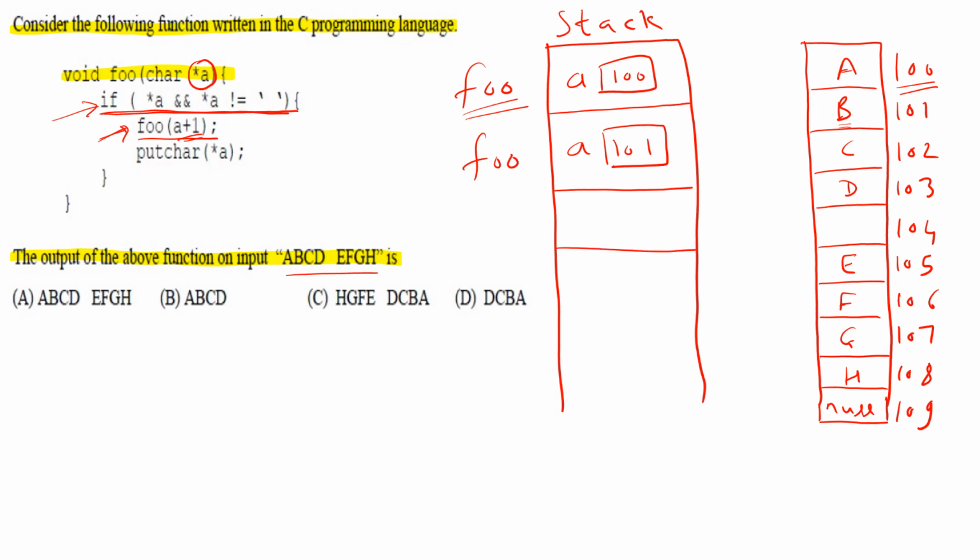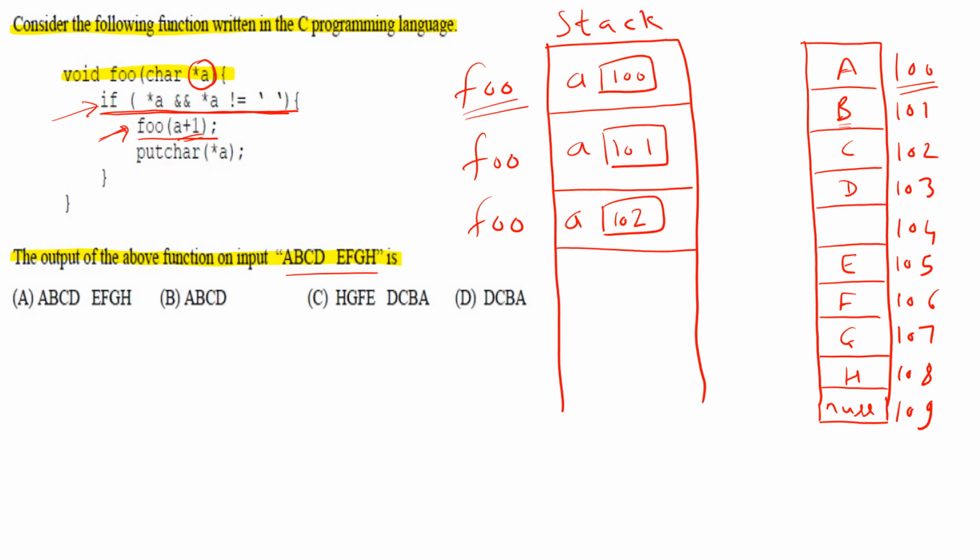So the third time we are calling foo again. Now A would be 102, right? 101 plus 1 is 102. Again we check whether the character stored at address 102 is a legal character.